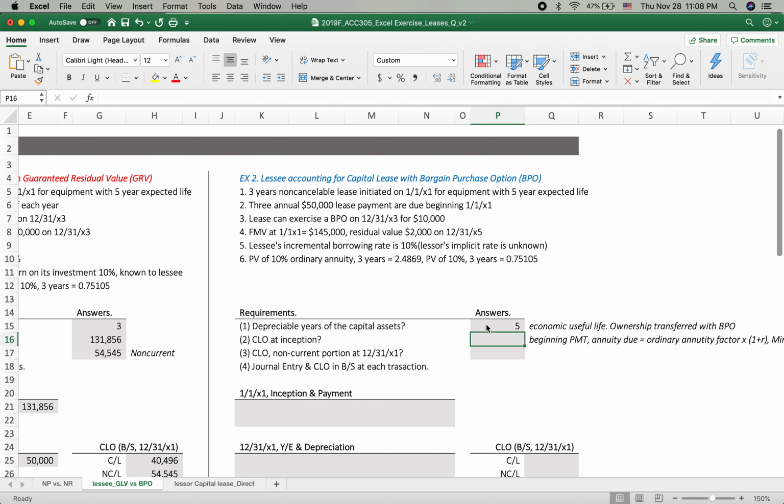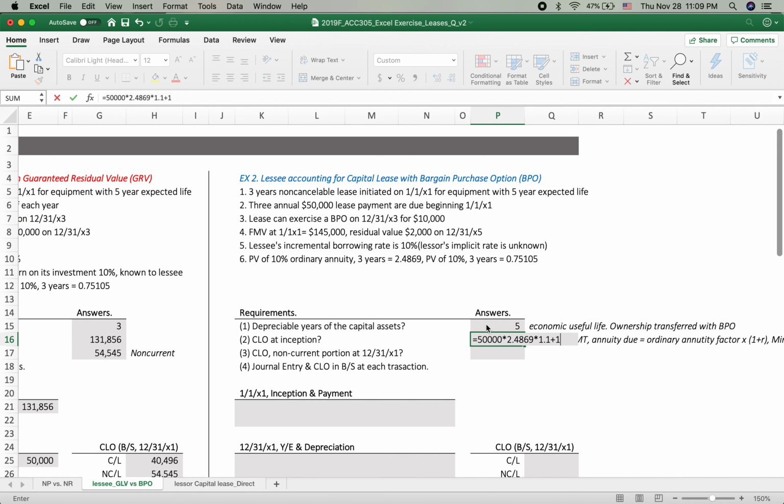The capital lease obligation, now let's calculate: the $50,000 lease payment annually times 2.4869, the ordinary annuity factor, but we are not using that factor right away. Instead, we take it back by 1 plus 10%. And then we can reduce the discount by 1 year for every future cash flow. Okay, or you can just simply multiply by 1.1.